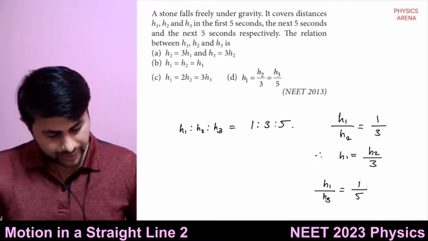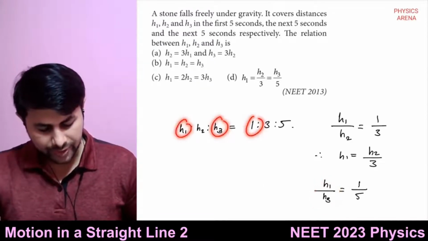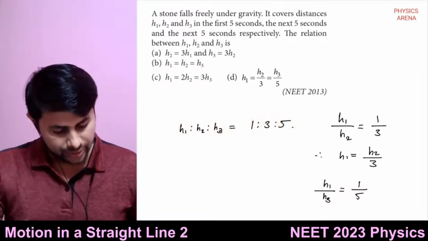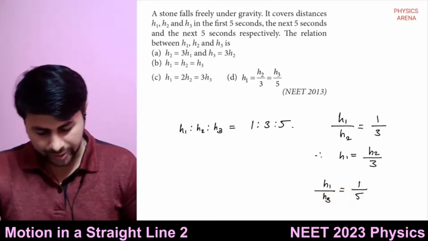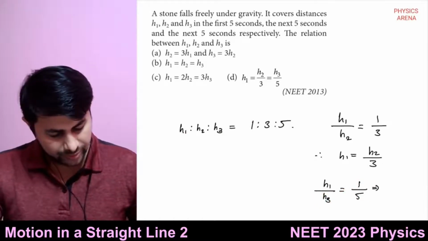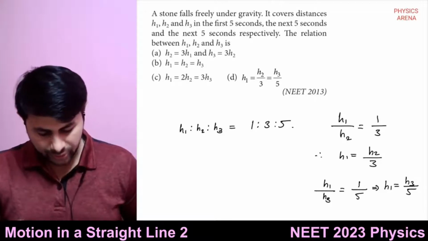So I can write h1 upon h3 equals to what? h1 upon h3 is 1 divided by 5. So it is 1/5. I can move h3 on the right hand side. It goes to the numerator. So h1 is equal to h3 divided by 5. This is what I get.